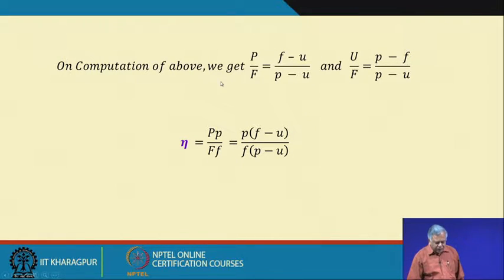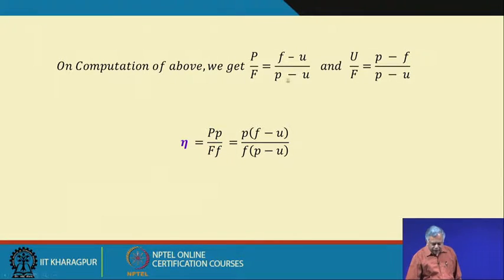So, on computation of the above we get capital P by capital F is equal to small f minus small u divided by small p minus small u. That is, P is the oversized material in relation to the feed material.